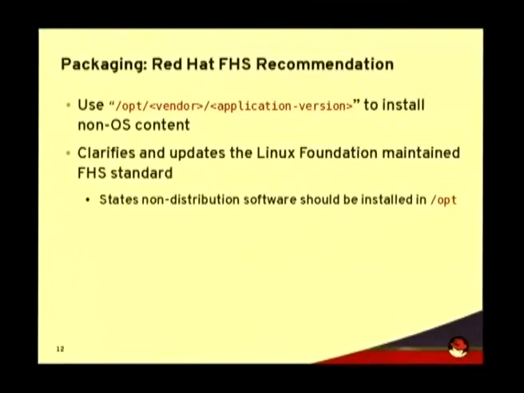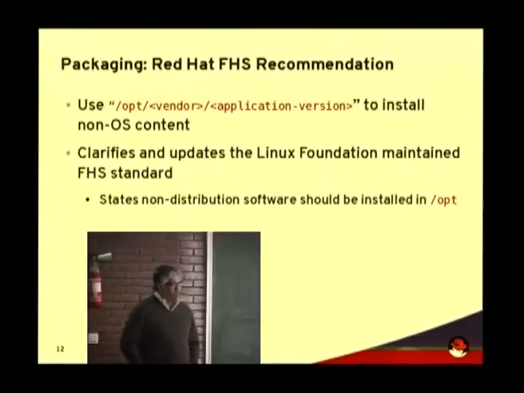So one of the things that we started to look at was how do we address this problem of multiple sources providing applications, as well as the fact that system admins will want to create their own applications locally, and you want to do versioning, and you want to do multiple application co-hosting, and so on.